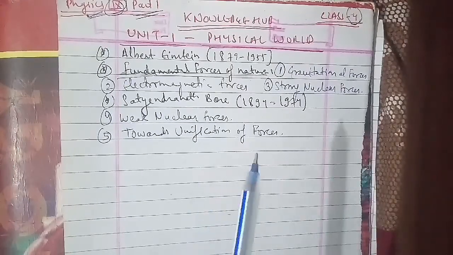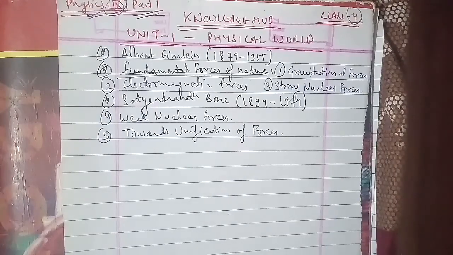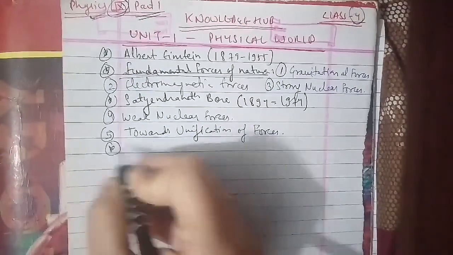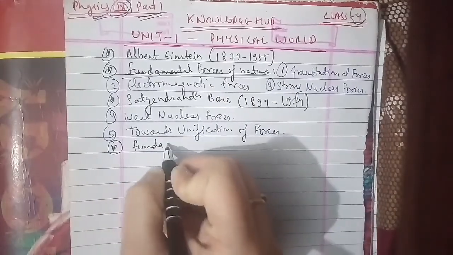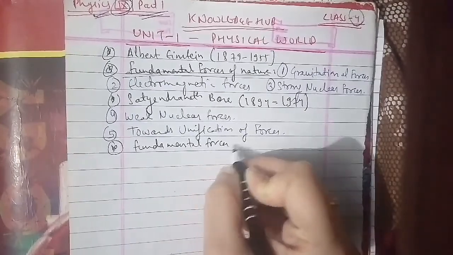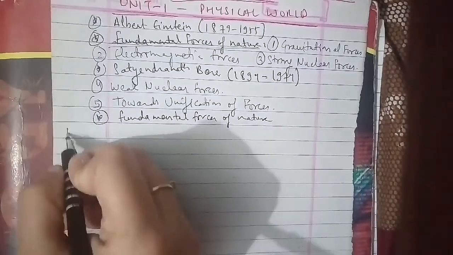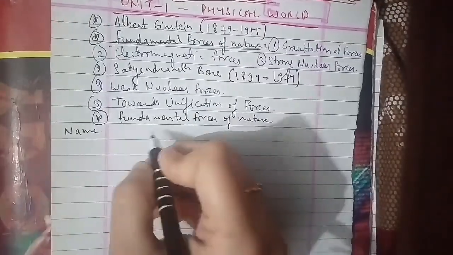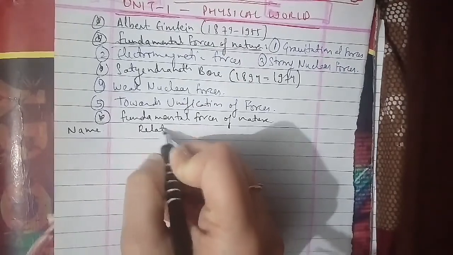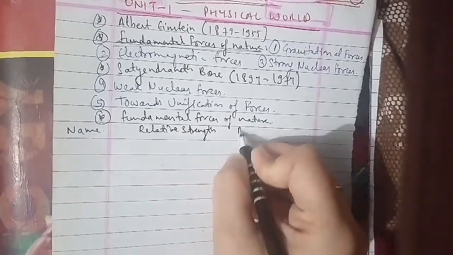The first one is the gravitational force. The relative strength is 10 to the power minus 39. Range is infinite. It operates among all objects in the universe.